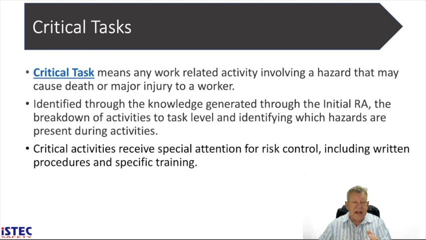One of the things that we are going to get from our initial risk assessment and the sorting of the hazards from high risk to low risk is we will be able to identify all the critical hazards, all the very high risk hazards.